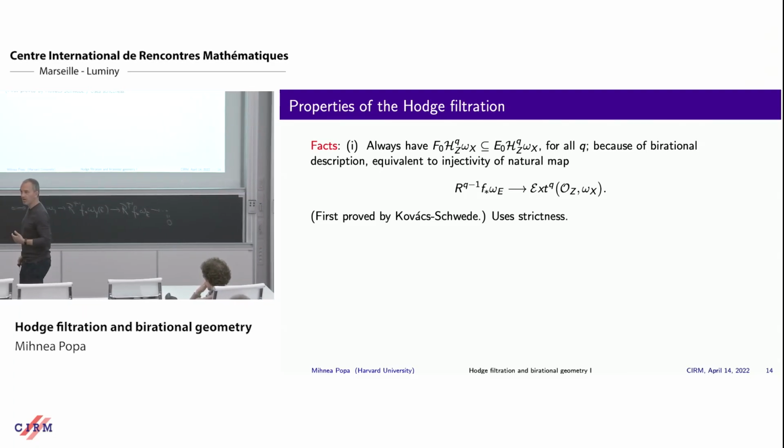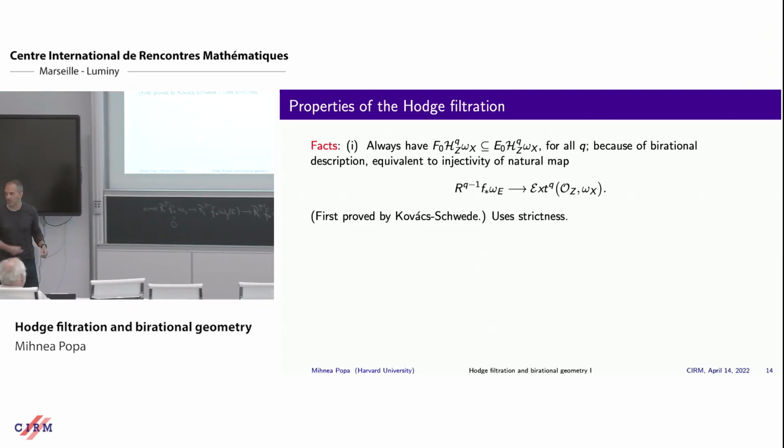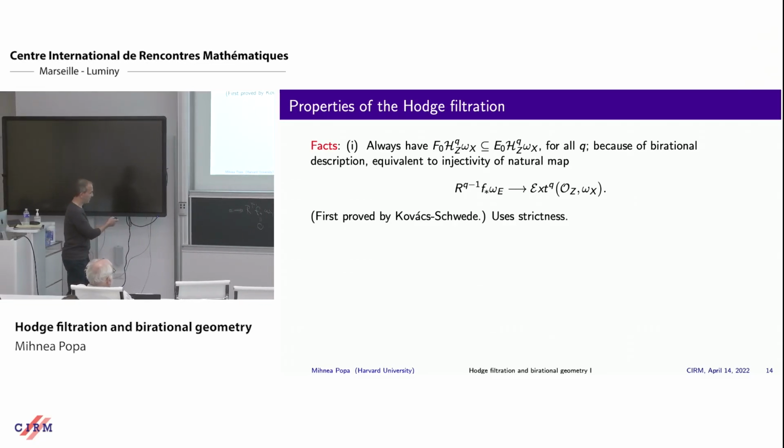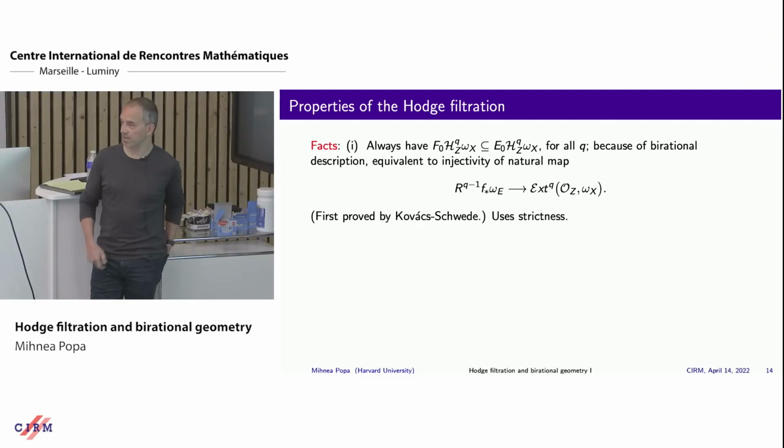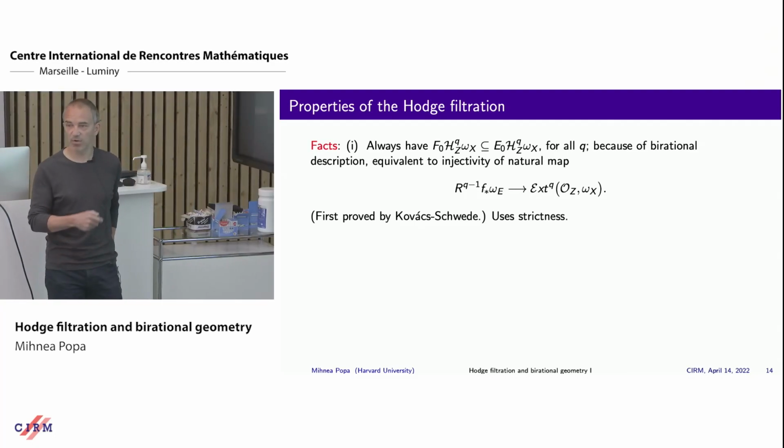So this is kind of the Hodge theoretic input here because of that strictness that I was mentioning earlier. But it's a result that was proved independently before by Kovács and Schwede and was very useful for them, for instance, to study deformations of Du Bois singularities and so on and so forth. It's an extremely useful result in practice. It already appears as the first instance of this comparison.